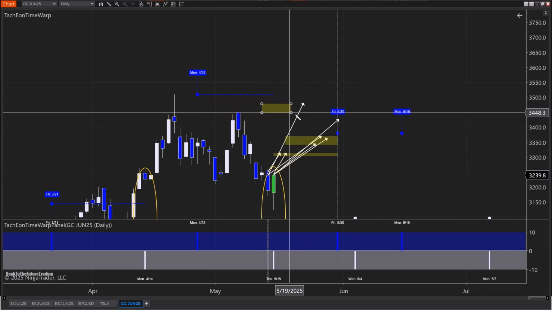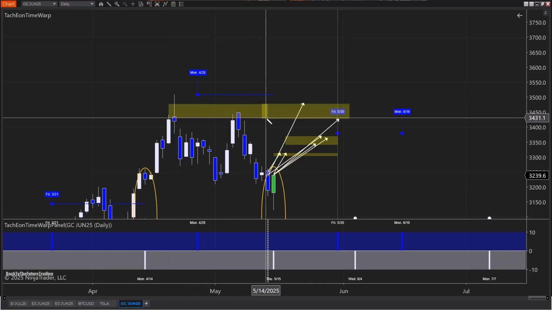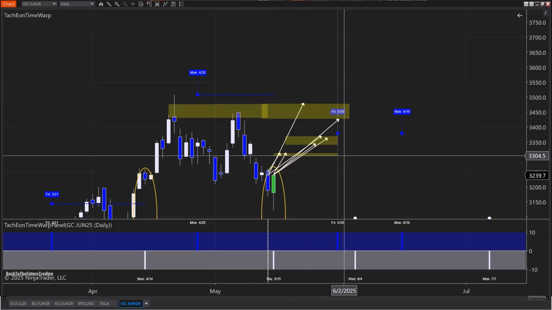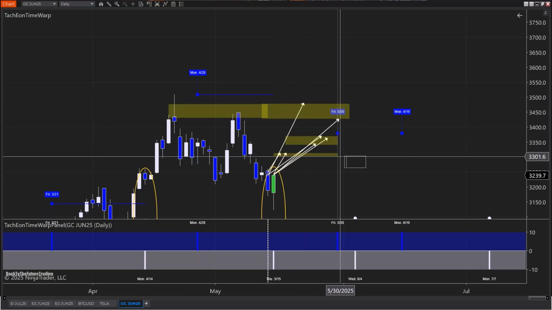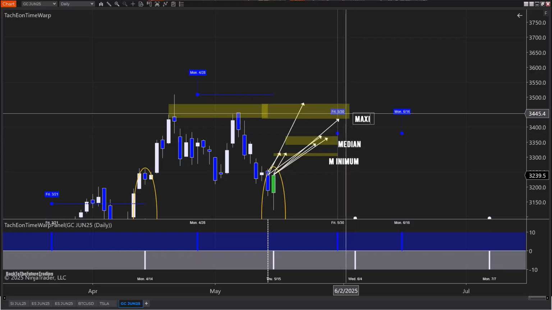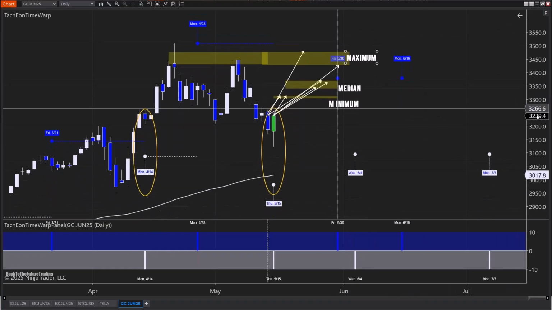And then a maximum by May 30th, somewhere approximating the prior highs, between 3,430 and 3,480. A minimum, a median, and a maximum. Doesn't that seem like a more relaxed way to trade?